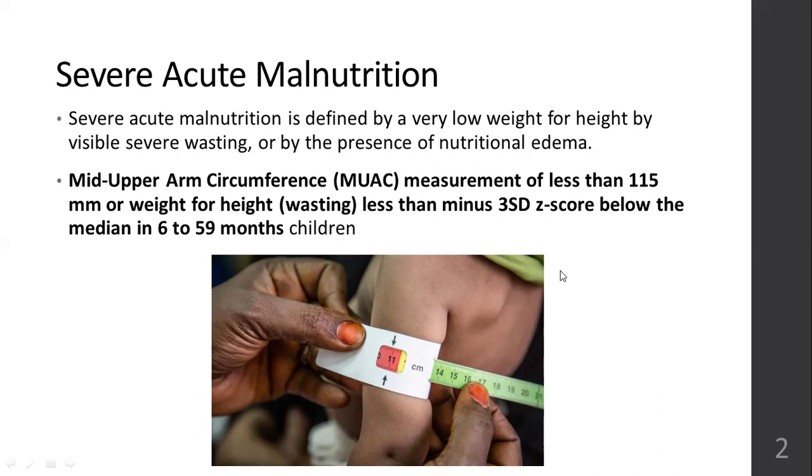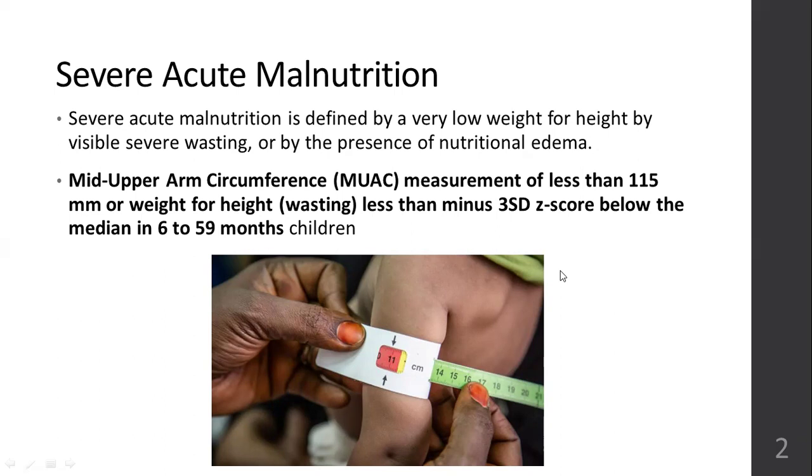If the child's mid upper arm circumference is less than 11.5 centimeters, it means the child is undergoing malnutrition. There is wasting, and there is a standard deviation score.